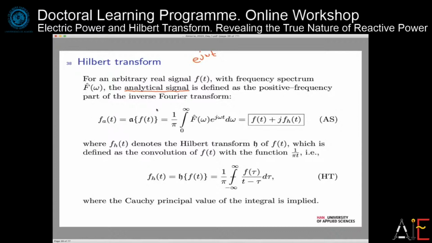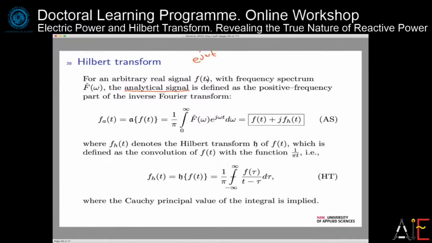I will try to explain this in a few different ways. Essentially, what happens if I have just an arbitrary real signal, anything as long as I can do the integrals here? There are always exceptions where these integrals do not exist, but that's usually not the case.